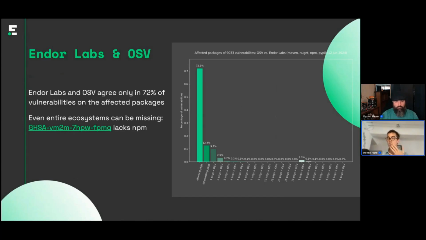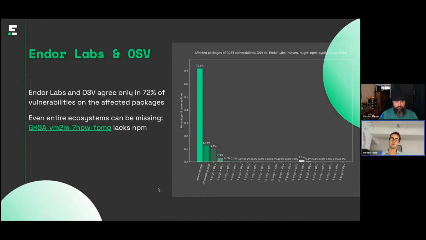And again, this is due to these phenomena mentioned before: forks, multi-module projects, rebundling, and so forth. Sometimes we even notice that not only package names are missing, but some vulnerabilities miss an entire ecosystem.